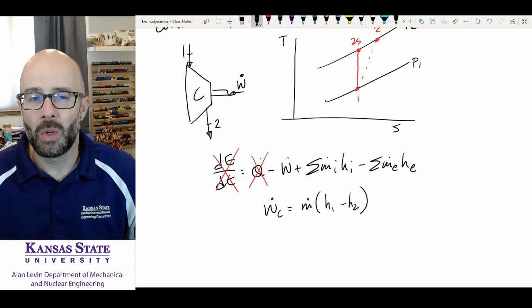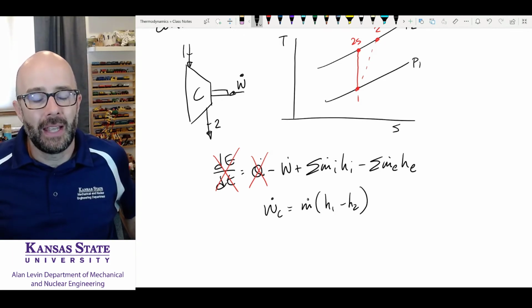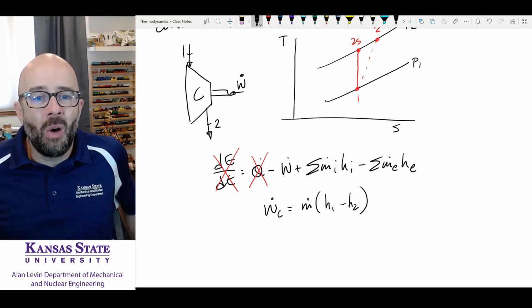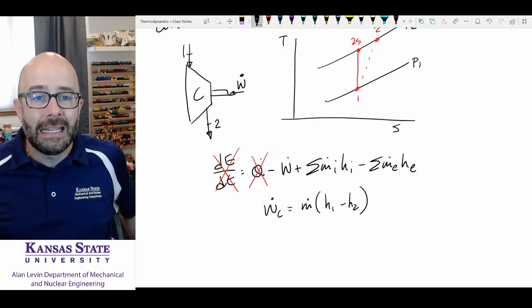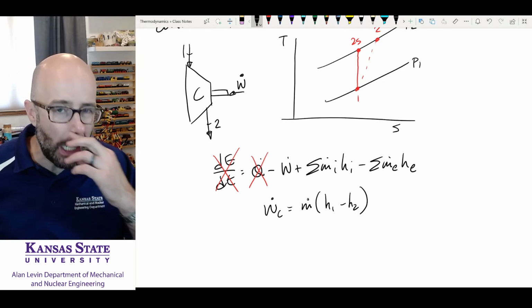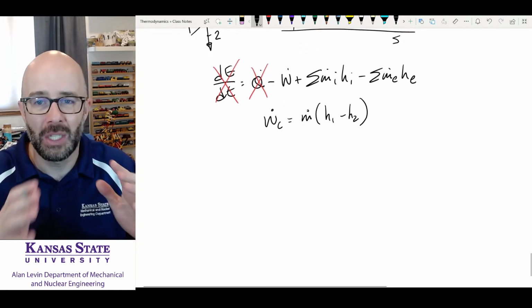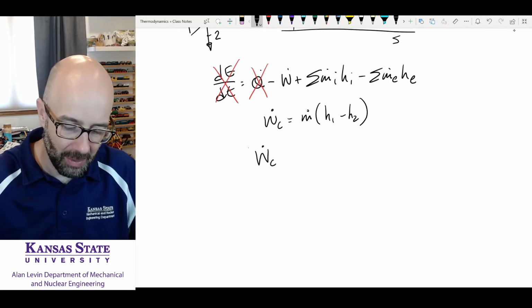Now here's the thing with the equations I'm going to show you. What is this W dot going to give us? It's going to give us a negative number. We know that power is required for a compressor, so h1 minus h2 gives a negative number. But in this study, I don't want to deal with the negatives, so I work with the absolute value.